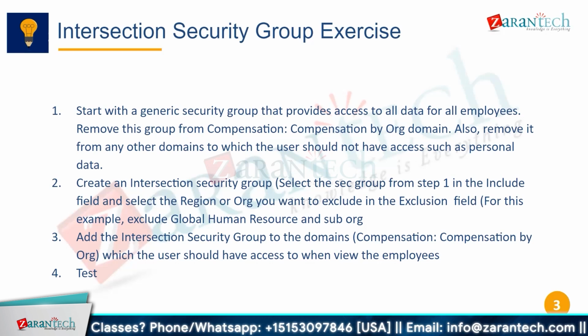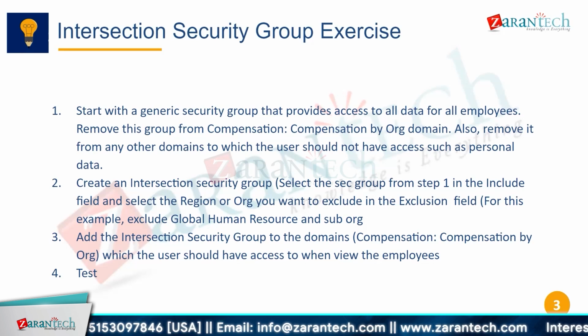Select the security group from step 1 to include, and select the region or org you want to exclude in the exclusion. For this, they give the example of exclude global human resources and sub-org. And add the intersection security group to the domains, compensation by org, which the user should have access to when they view the employees.